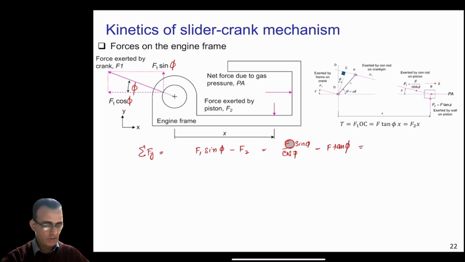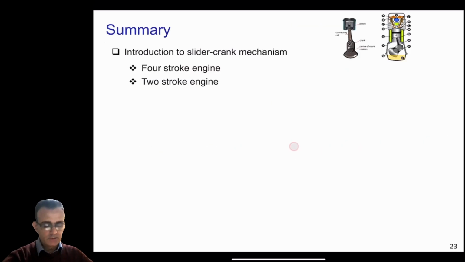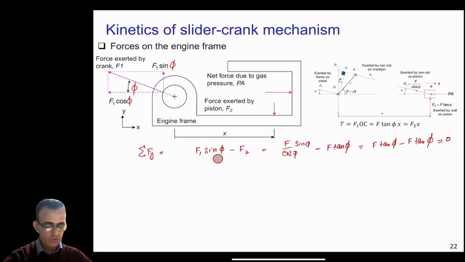So in this equation, this becomes f tangent pi minus f tangent pi. This means that it's the same, so this means that it's 0. So this means that there is no resultant force in the y direction on the engine frame, because we just calculated and it's equal to 0.